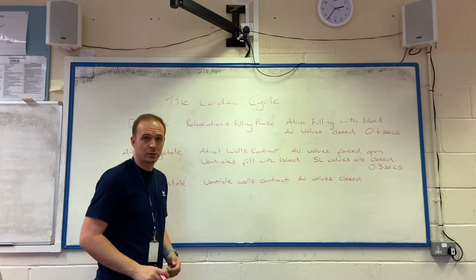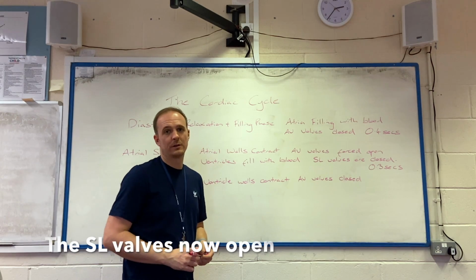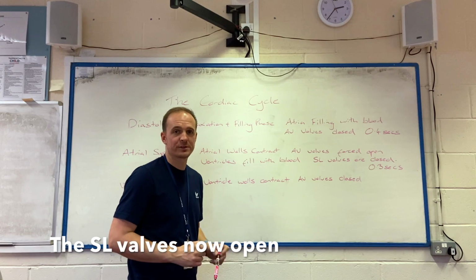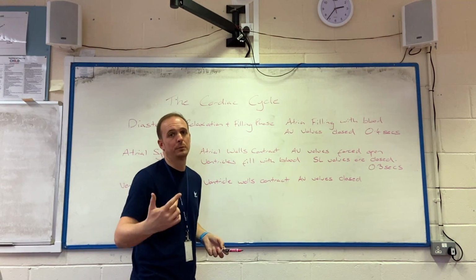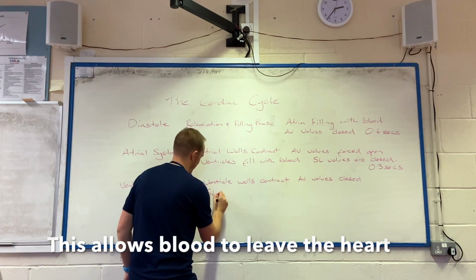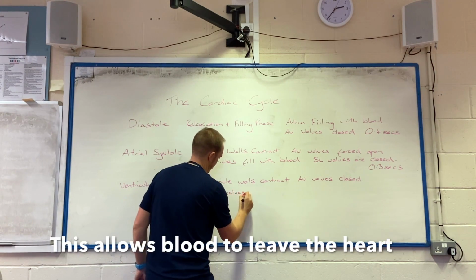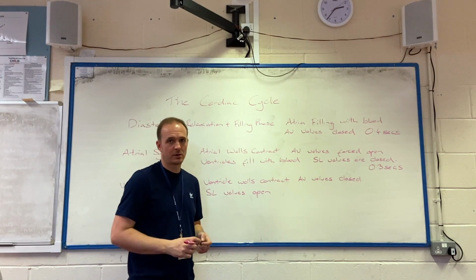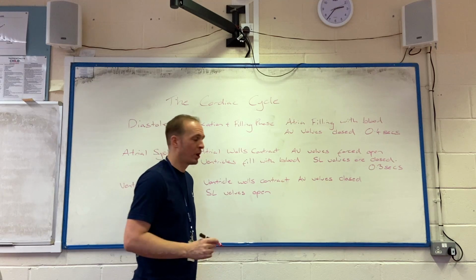And these semilunar valves, the valves that control blood flow into the aorta and the pulmonary artery, are now going to open. So your aortic semilunar valve and your pulmonary semilunar valve open. This phase of the cardiac cycle takes 0.1 of a second.